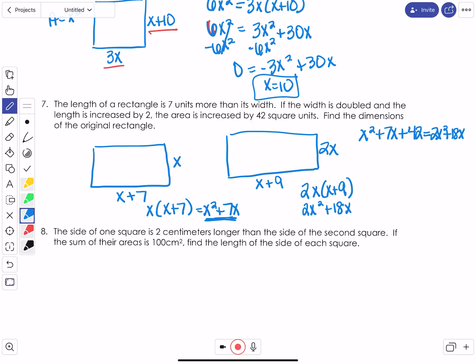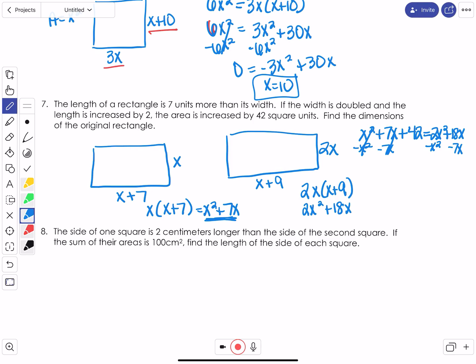Okay. And now what we're going to do is combine everything on one side. We're just going to move everything to one side. Okay. So I am going to move everything over to the right, I believe. All right. And I'm going to move 7x over here.